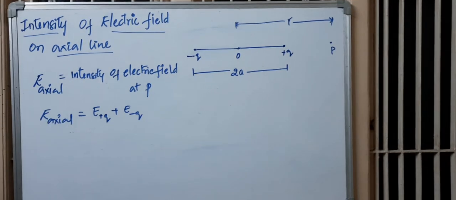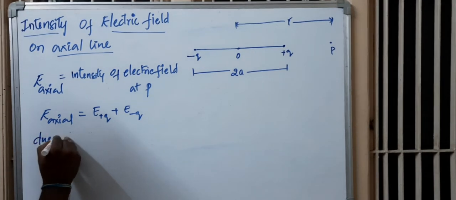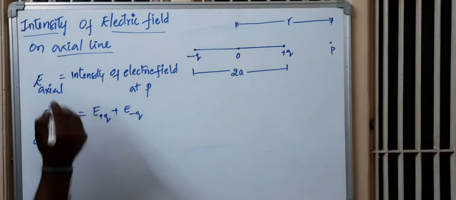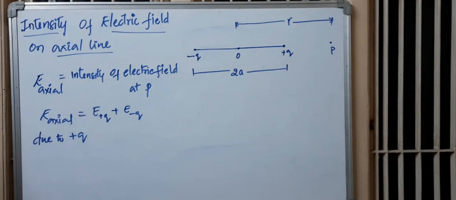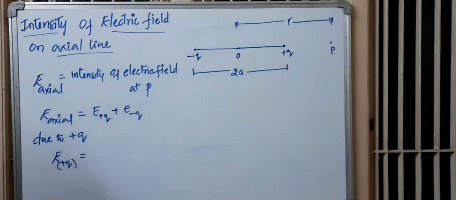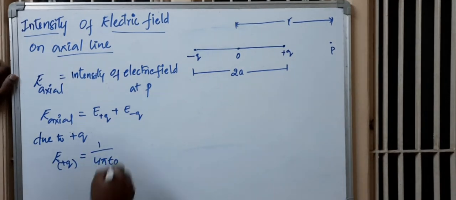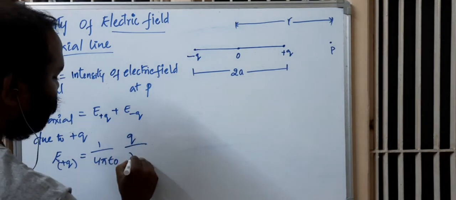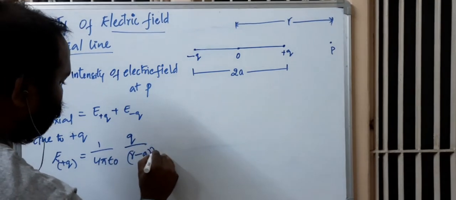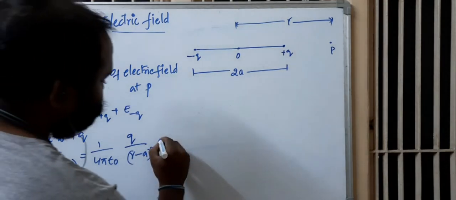So the electric field at point P due to charge Q. First we are considering this one, which is equal to E plus Q is equal to 1 by 4 pi epsilon naught, Q by (r minus a) whole square.